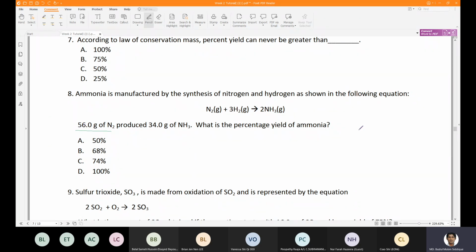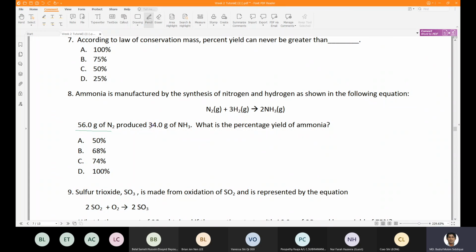Now this is quite tempting. A student in this type of problem will always do what? 34 over 56 times 100%. They will try to find the percentage yield that way. That would be totally wrong.